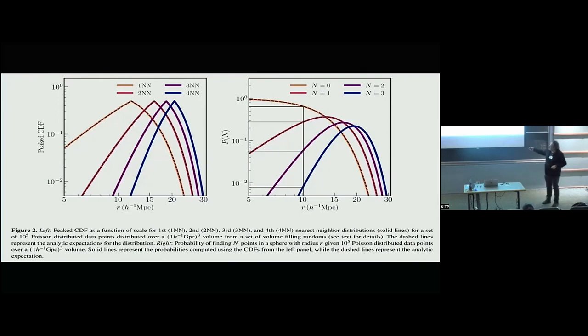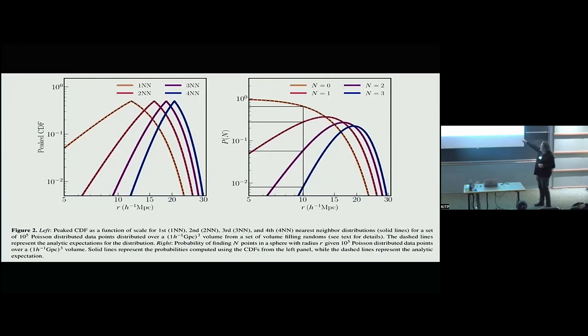And so now we have the first nearest neighbor, second, third, fourth. The nice thing is if I take the second nearest neighbor, which is all the volumes that contain at least 1 point, and subtract from it the one that contains no points, then I get the one that has exactly 1 point. And so these are the P of Ks, the counts-in-cells distributions. But now look at this.